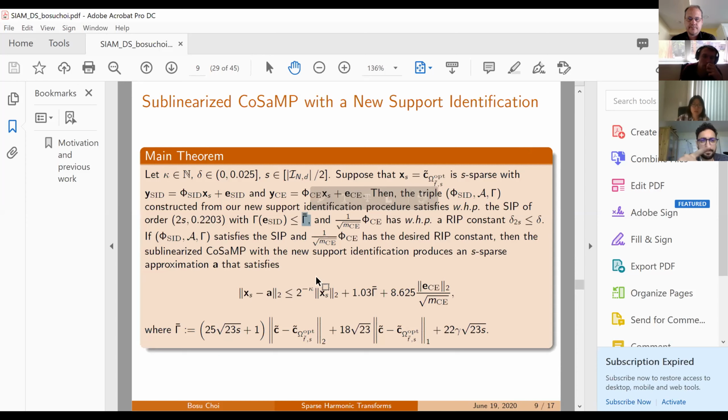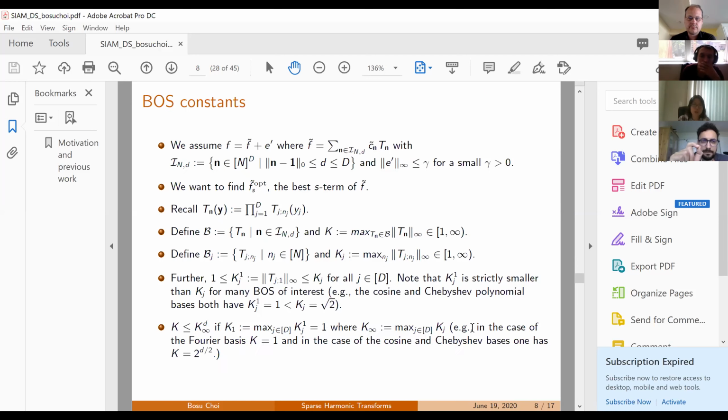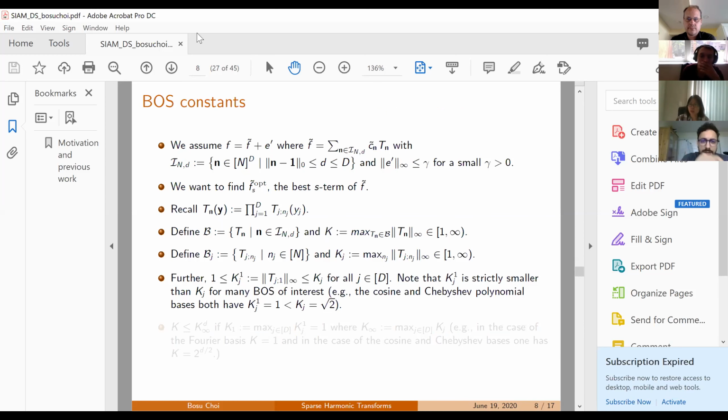The small gamma, the truncation error, like when you have the 22 gamma square root 23s at the very end. So that gamma was a bound for your truncation error? Yes, the truncation error comes from this E prime. Is that needed somewhere in the algorithm, or not? No, it is for the theoretical result. Okay.